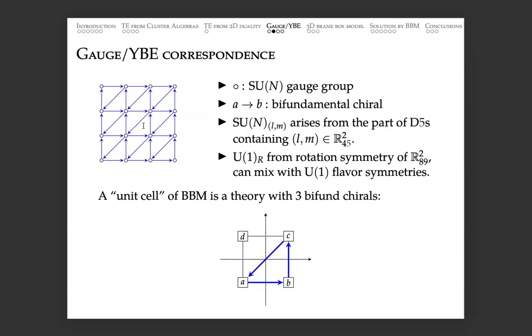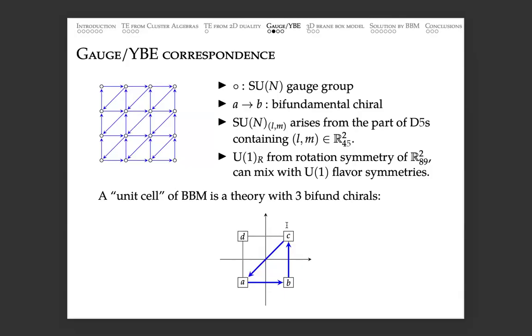And you clearly see some lattice structure, and you can talk about the unit cell of this model or this quiver. So if you have 4 spin sites and then you draw this triangle of arrows, then this is like a unit cell. By repeatedly concatenating infinitely many copies of this unit cell, you can get this quiver.